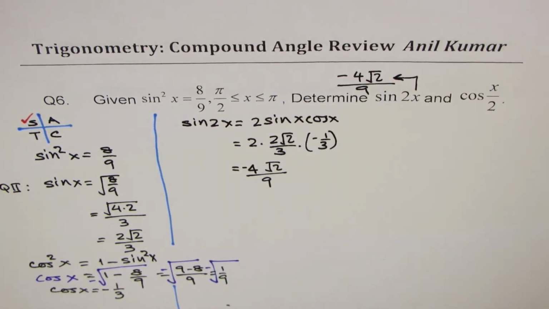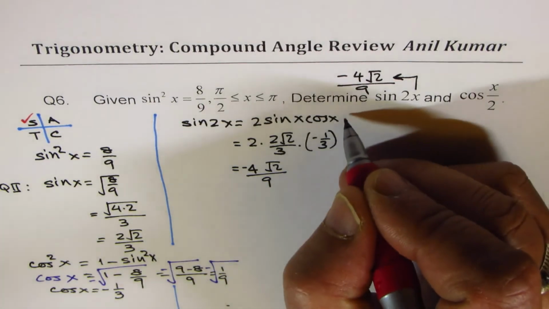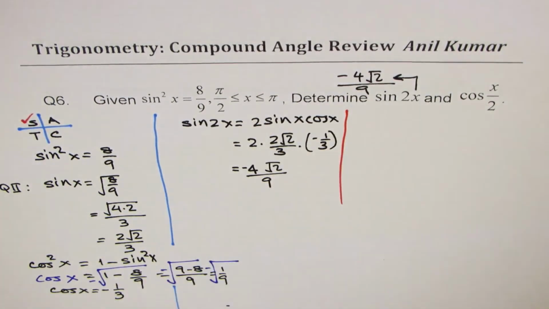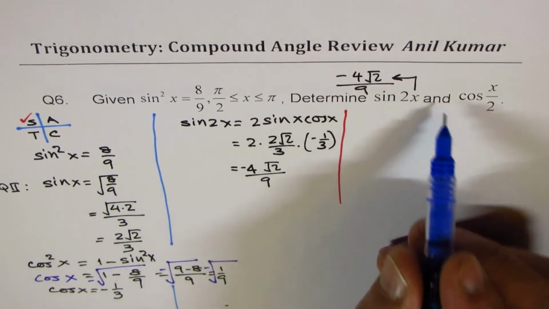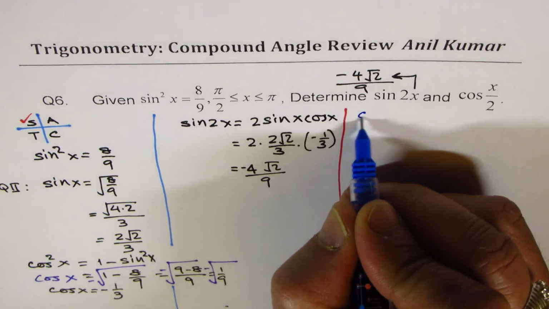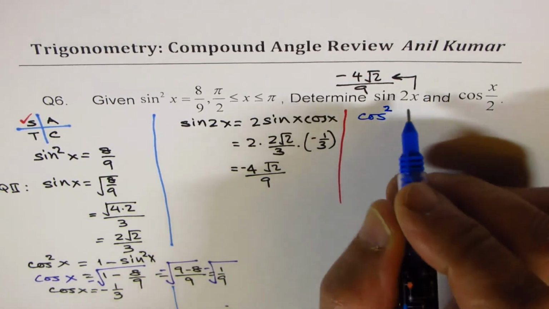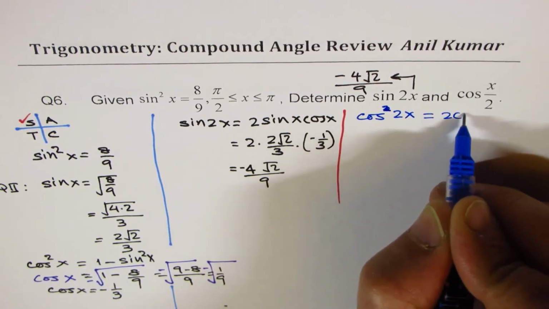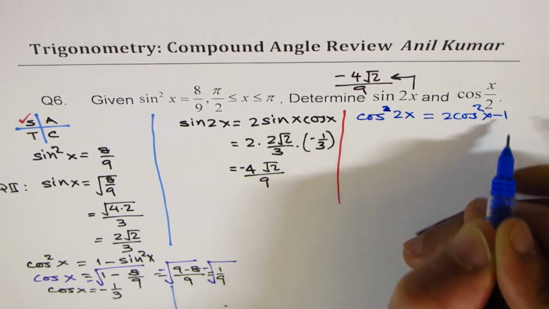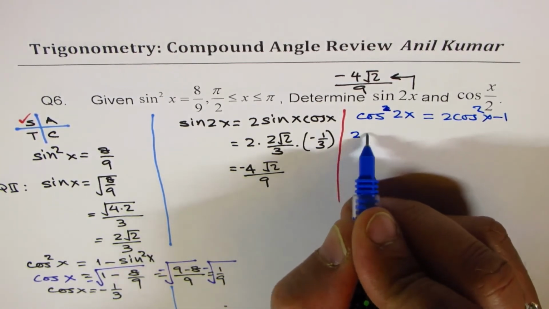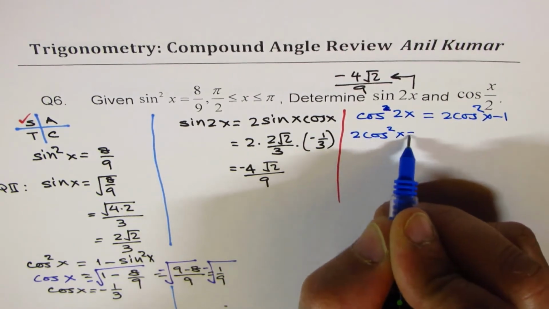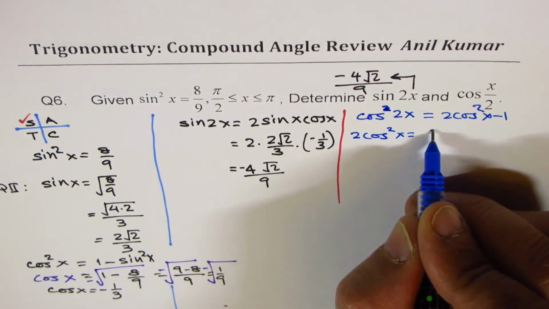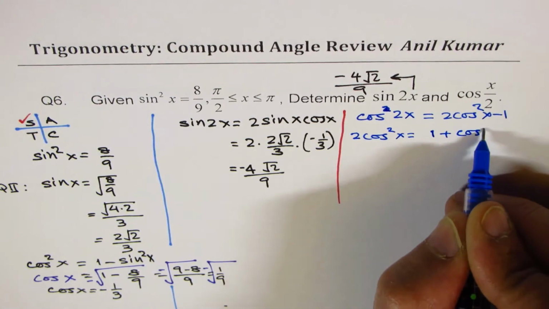Now how do we find cos half x? So we need to use the half angle formula. Some of you may not remember, but let's derive it. So we know what cos 2x is. Let's start from here. Cos 2x is 2 cos square x minus 1. Rearranging, we get 2 cos square x equals 1 plus cos 2x, right?